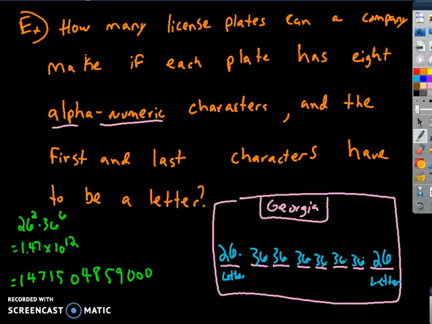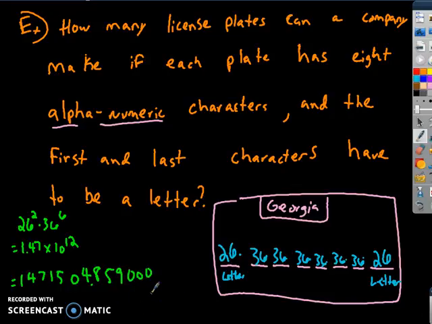Your calculator told you 1.47 e to the 12th. That means 1.47 times 10 to the 12th. Basically, you would take this decimal and move it over 12 places. So move over 1, 2, 3, 4, 5, 6, 7, 8, 9, 10, 11, 12. And since it didn't give us these numbers here, I just put zeros in their place.